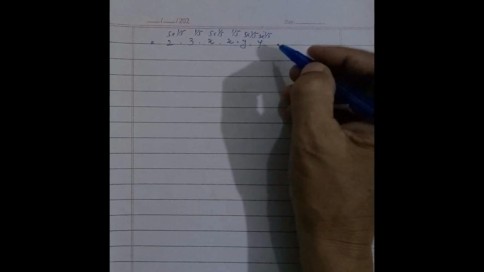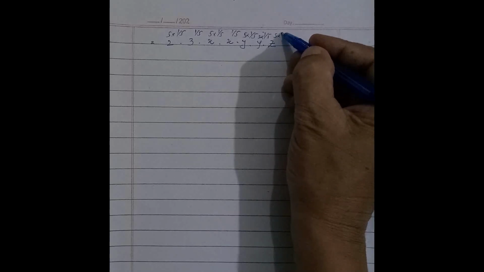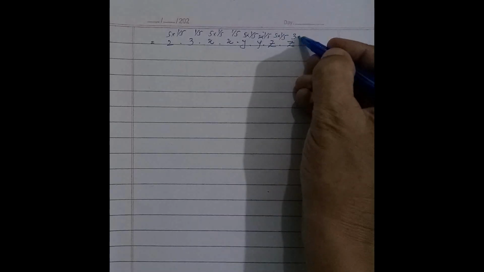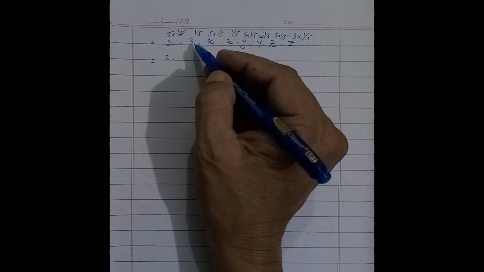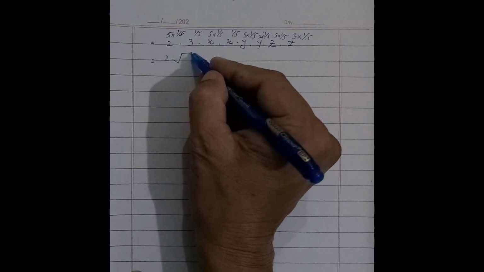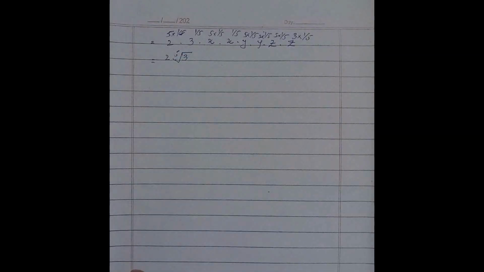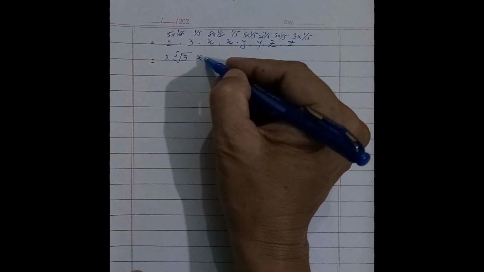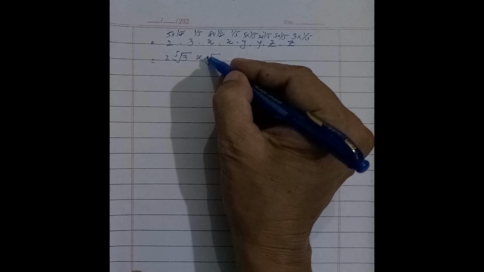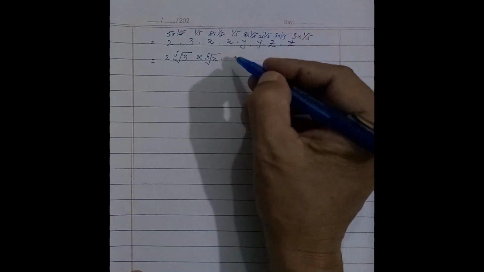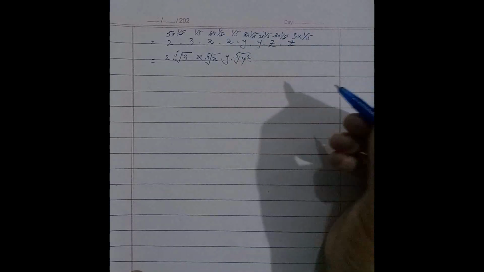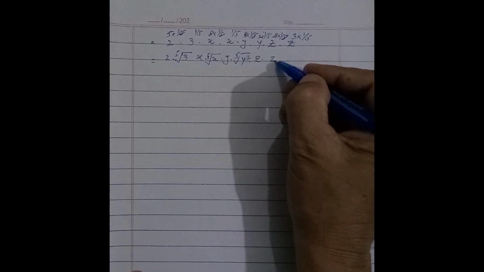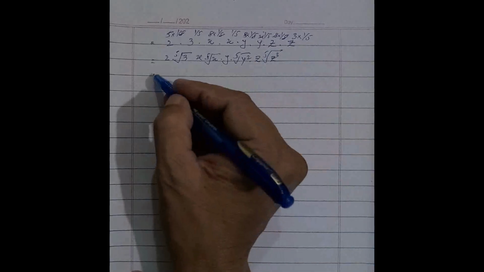The 5 cancels with 5, so we have 2, the fifth root of 3, x, y times the fifth root of y squared, z times the fifth root of z cubed.